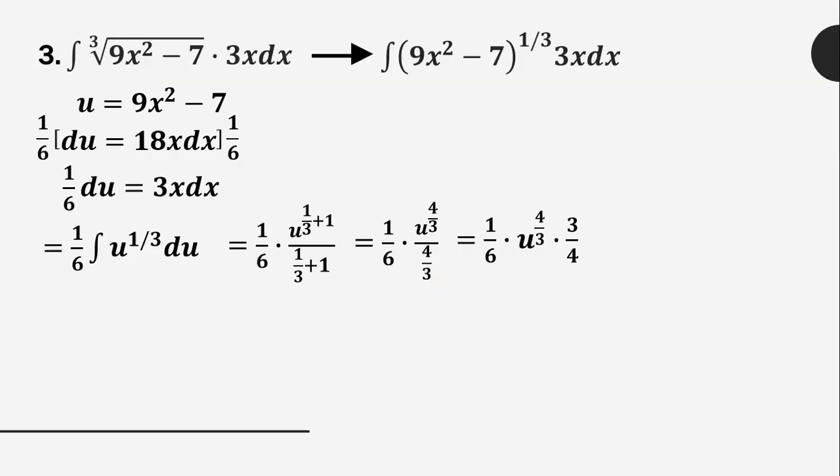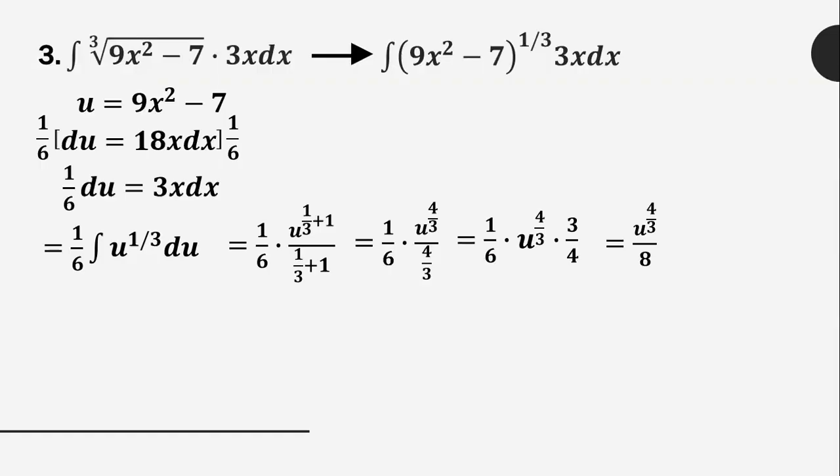Observe this one. I can cancel 3 and 6. So that becomes 1 and 2. And multiplying 1 times 1, then 2 times 4. So that's 1 over 8. So the answer is u raised to 4/3 over 8.